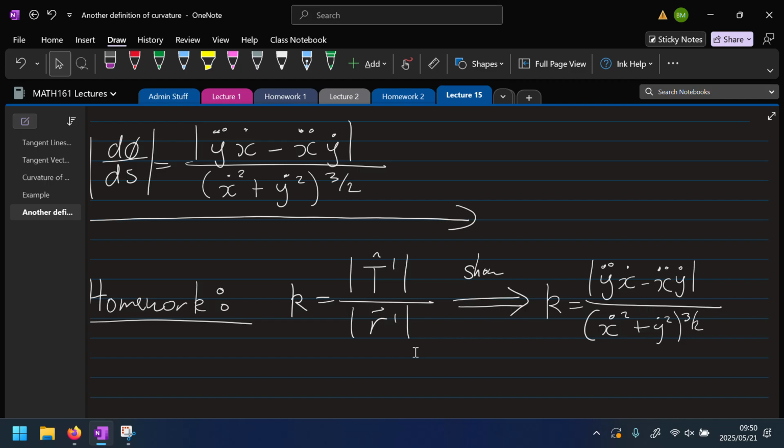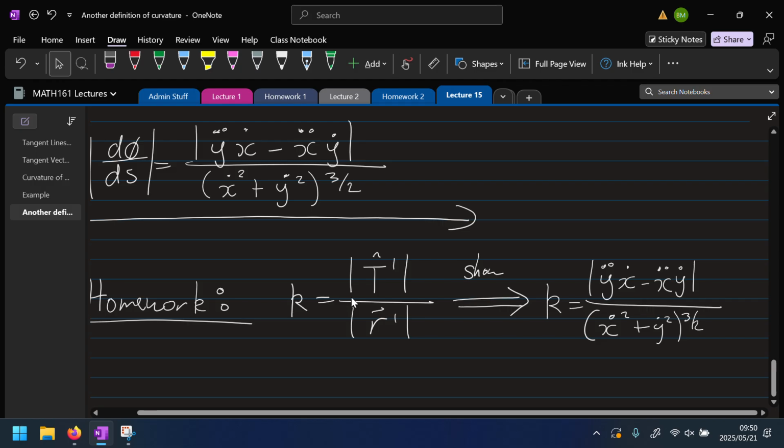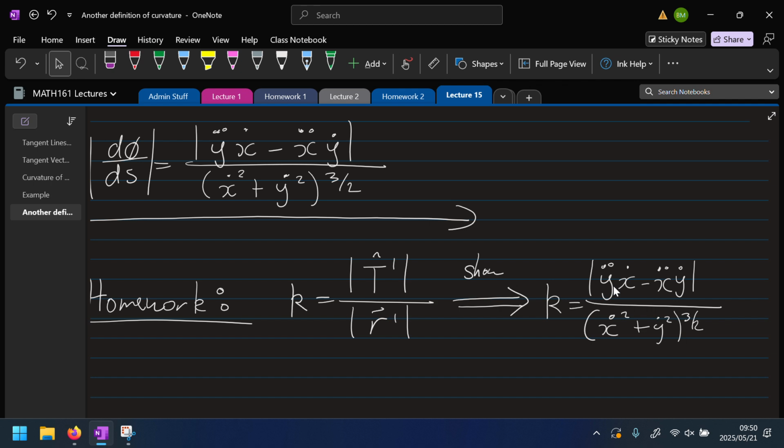That is the acceleration, second derivative. And there in the top, we have the second derivatives. So for homework, show that you can get from this first one to the second one. Because they give you the same curvature, you should be able to get from one to the other.